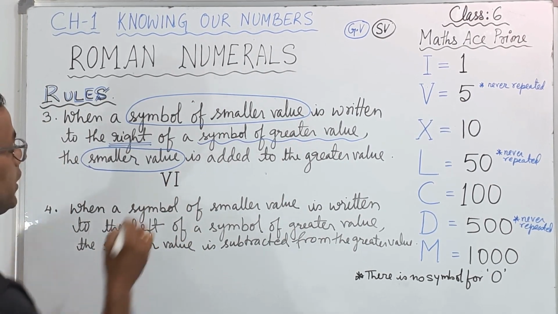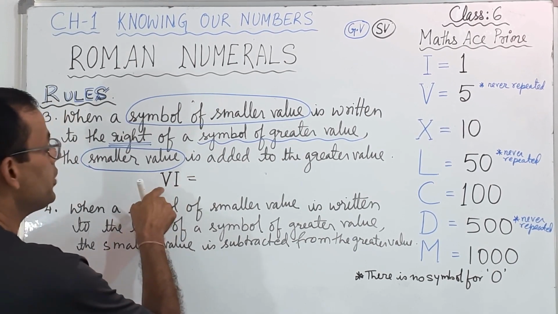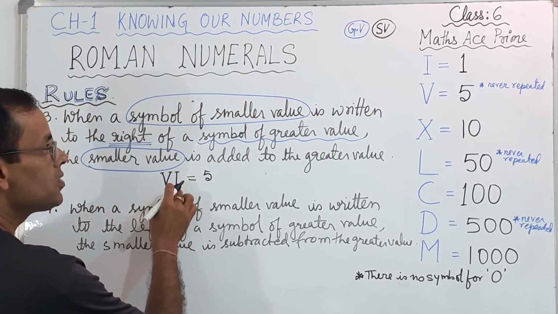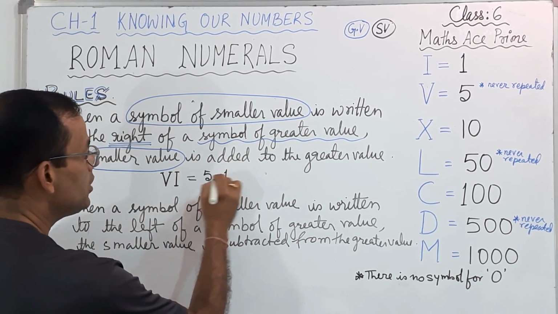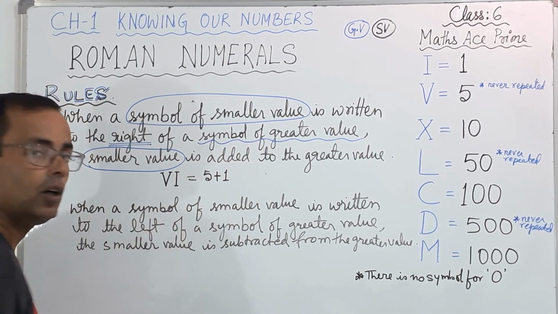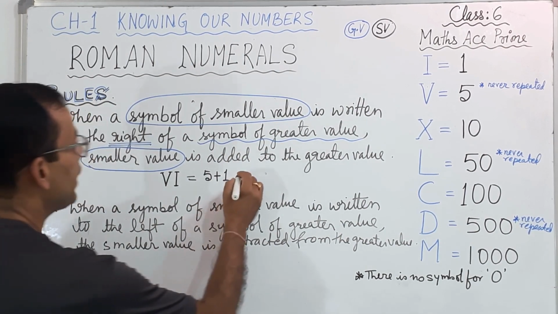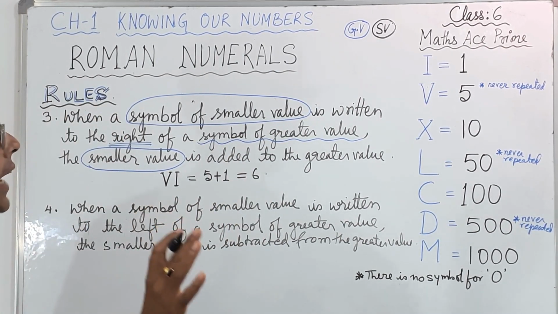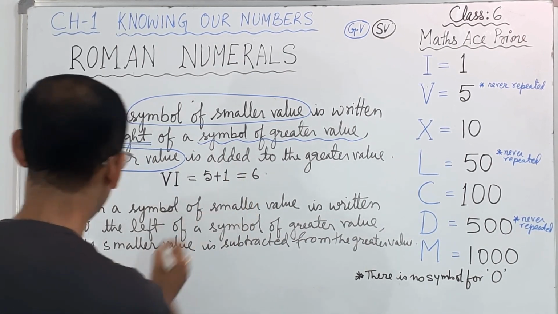Clear now? This means V is 5 and I is the smaller value, that means 1. So 5 and 1, or 1 plus 5, becomes 6. Clear? So they will be added. Then the next one.